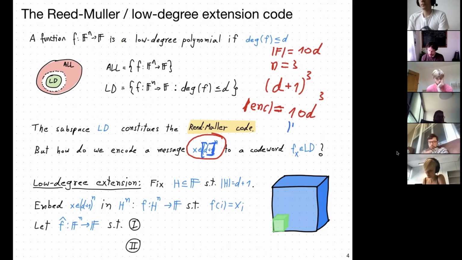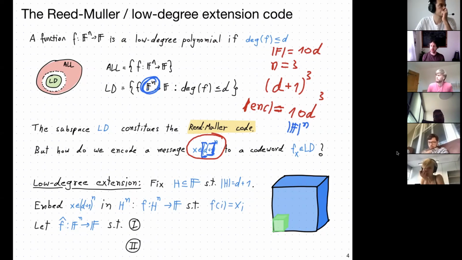This is F to the n, because we're evaluating the function everywhere, but the size of F is linear in d, the degree of the polynomial, and so it's the same up to a factor. Okay, but we'll see the exact setting of parameters in 2 slides from now.